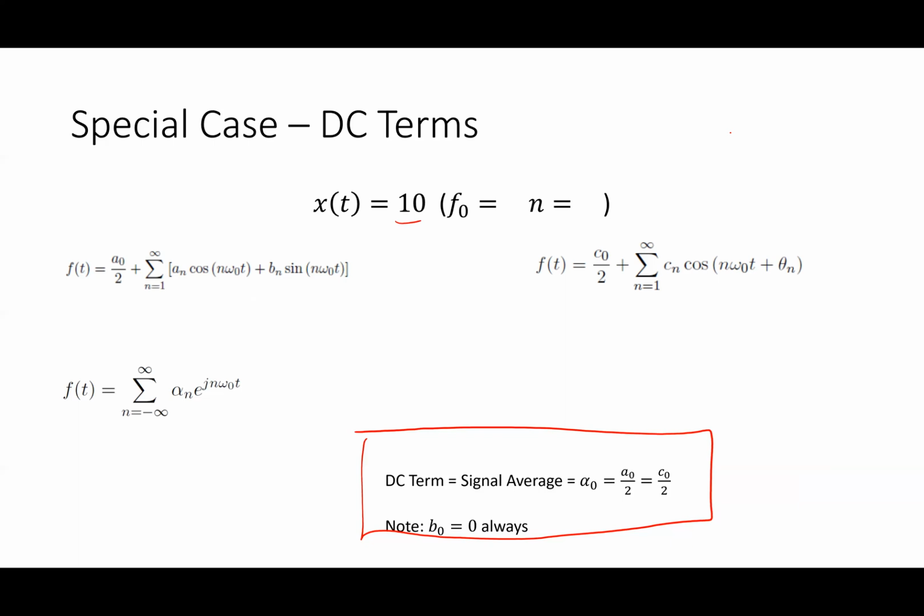It's 10. What's the angle of minus 10? 180. The angle is 180 or minus 180, because it points in the negative real direction. The fact that a negative number has an angle sometimes screws everybody up, but having a negative sign means that it has an angle of 180 degrees.